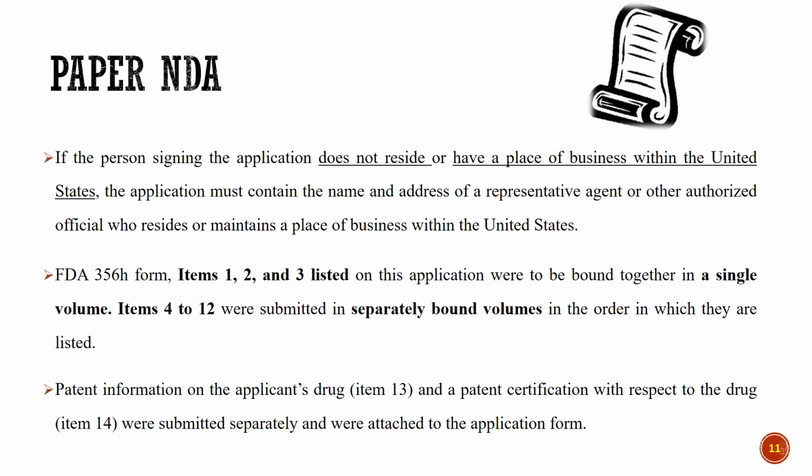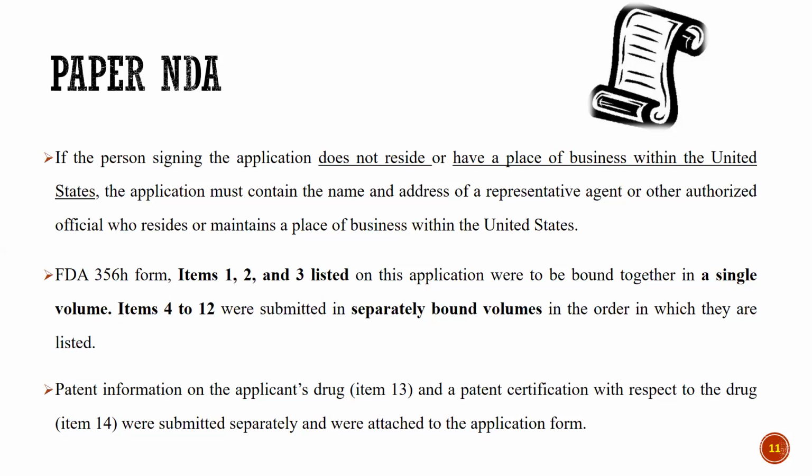The FDA 356 form contains 3 items. These applications were to be bound together in a single volume, and items 4 to 12 were submitted in separately bound volumes in the order in which they are listed. So the first 3 items are bound separately, and the other items 4 to 12 are separately bound and divided into 2 volumes.